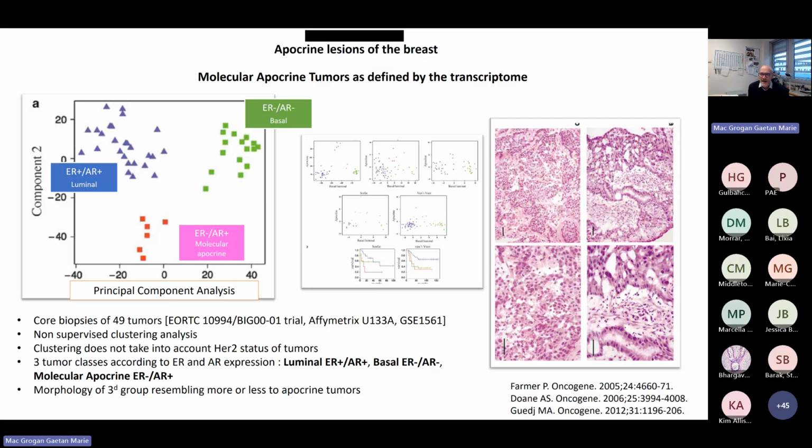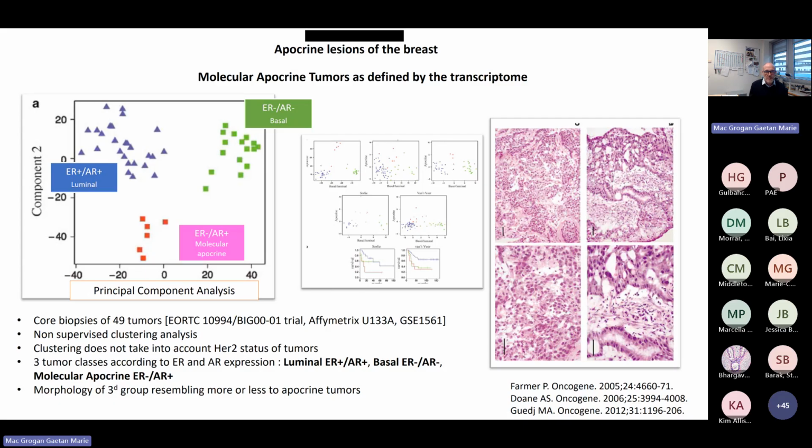We analyzed the transcriptome of these 50 breast cancers by non-supervised clustering analysis. This form of bioinformatic analysis does not take into account the HER2 status of the tumors, contrary to the intrinsic classification of Sorlie and Perou.